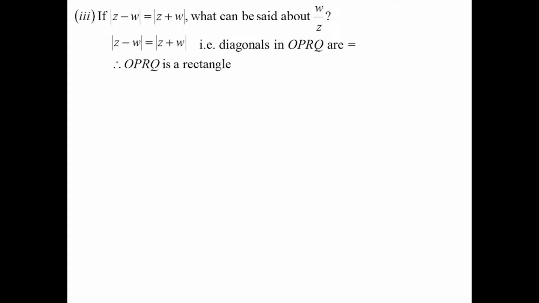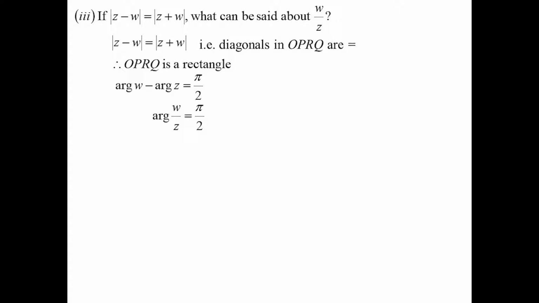Well, if that is true, then the argument of w minus the argument of z must be 90 degrees, or pi on 2. Because if you look at your diagram, you'll see that is the vertex of what we now know to be a rectangle, which is 90 degrees. Well, using our rules, the argument of w minus the argument of z is the same as the argument of w divided by z. So what can be said about w over z?